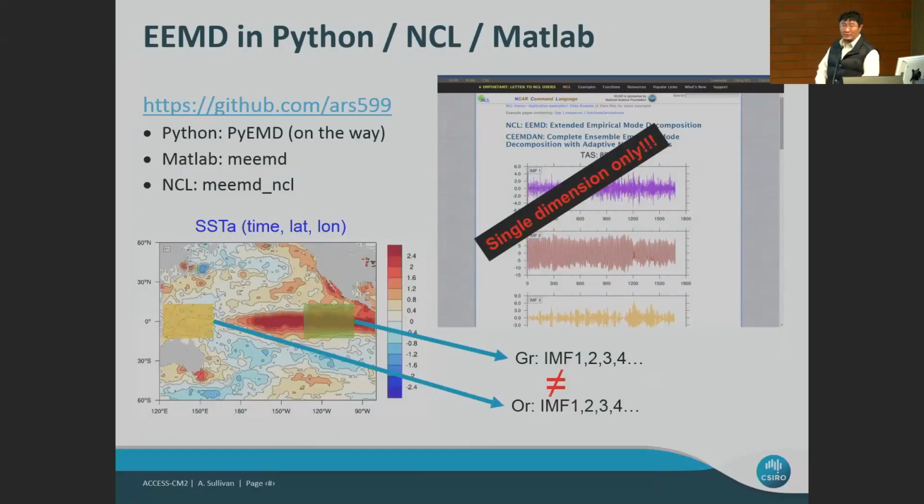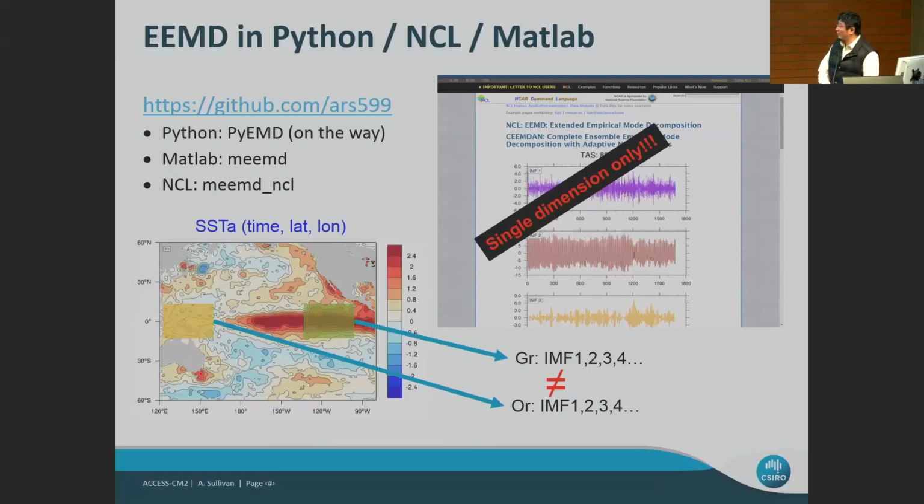You can use the EEMD in NCL now, but be very careful. Under the NCL, that's only for single dimension. You can't use it for multi-dimension. You have to use my script to call the NCL function, and then you can do the multi-dimensional decompositions.